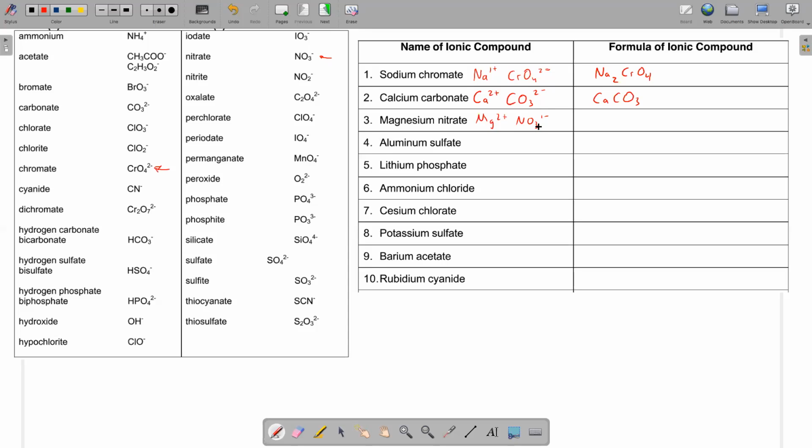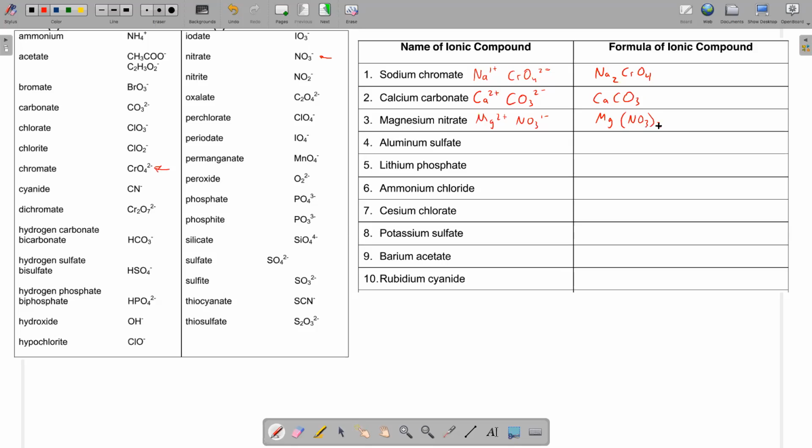Since we need 2 nitrates, and because nitrate is a polyatomic anion, we got to put this thing in parentheses. So it goes Mg, and then (NO3) with a 2 outside it. This way, we can tell that there are 2 of the nitrate anions. And it turns out here, when you count up the number of atoms, there's 1 magnesium, there are a total of 2 nitrates, and there are a total of 6 oxygens.